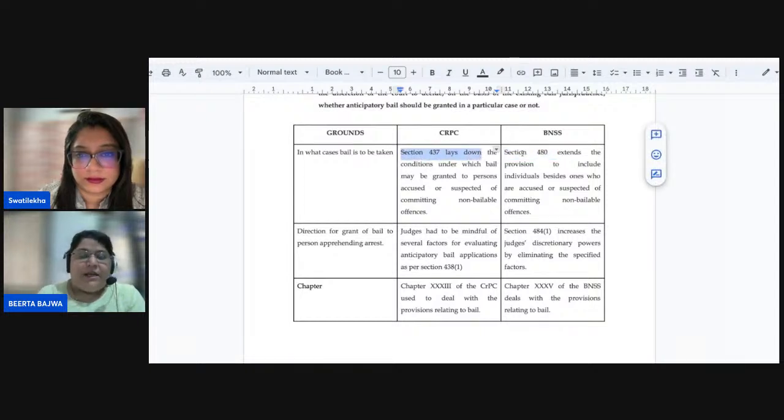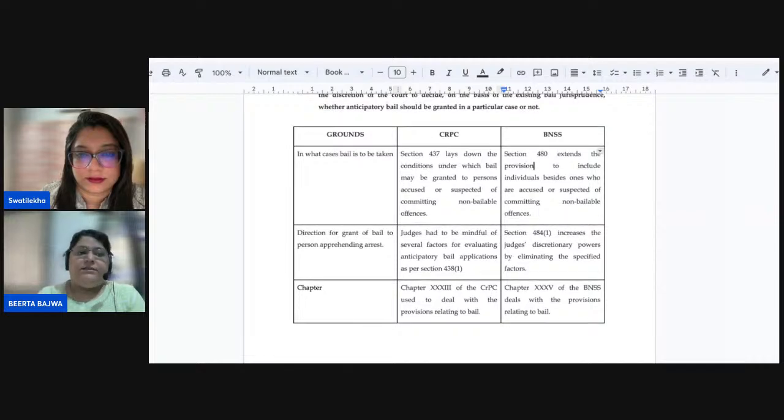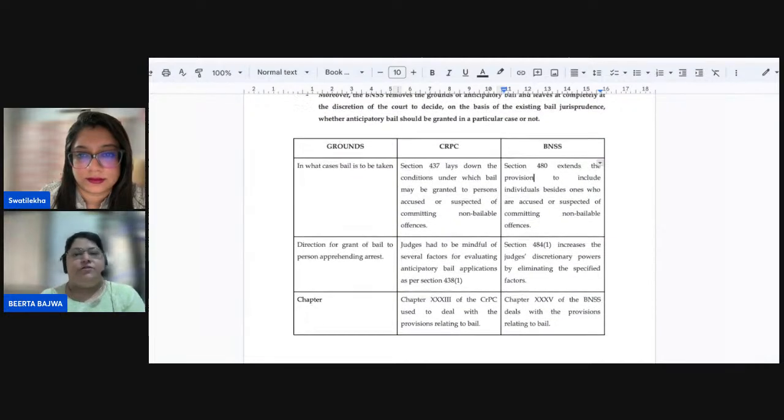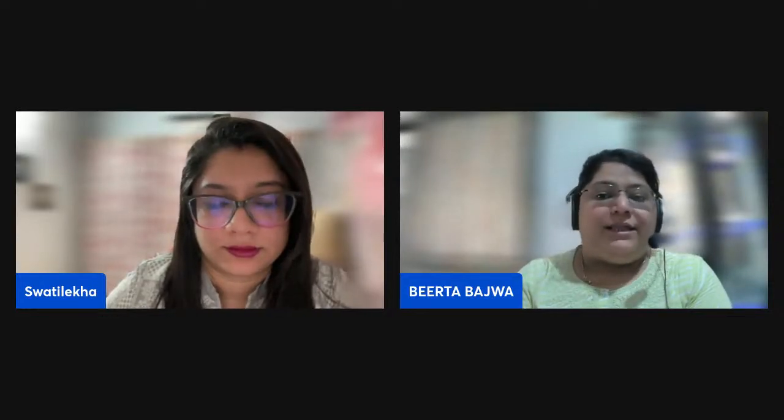So the understanding of the law and the application of the section would be the same as it was in the earlier law. Now you have another section for regular bail, which we call section 439 CrPC. Section 439 deals with regular bail whenever you want to file for bail before the Sessions Court and the High Court. Whenever an accused is arrested and the offence is magistrate triable, you will file for bail before the magistrate.